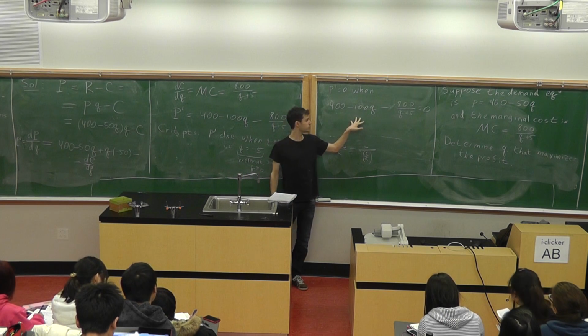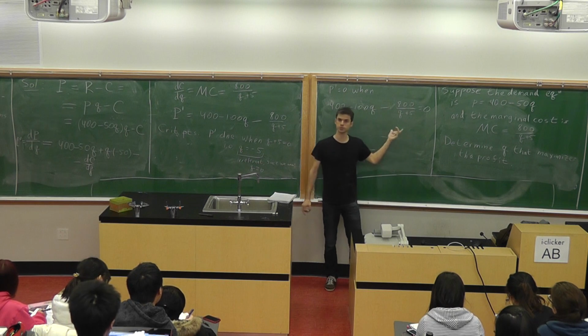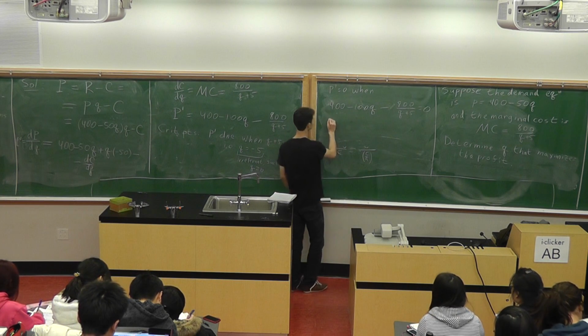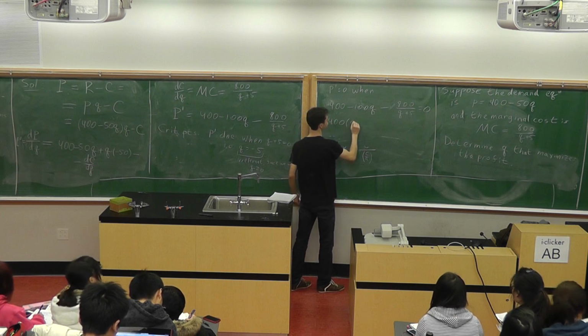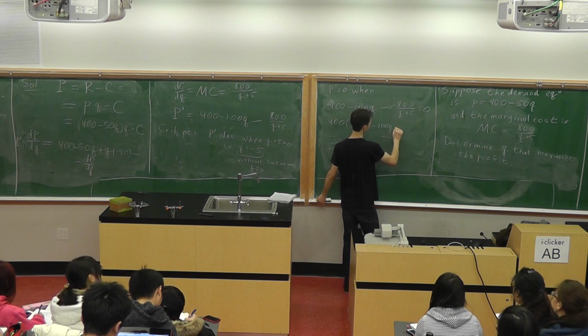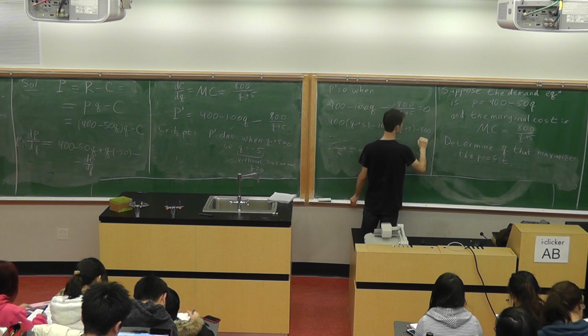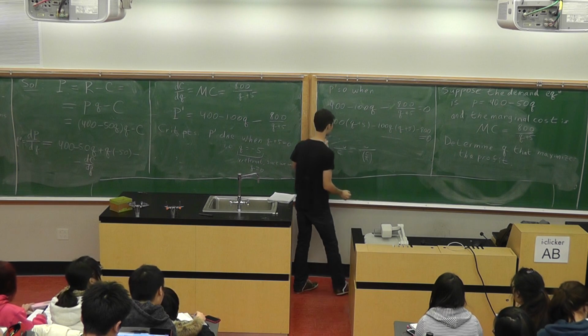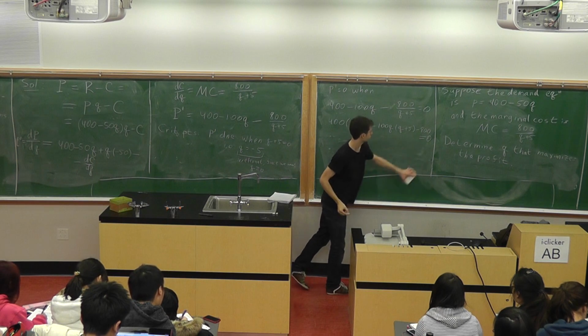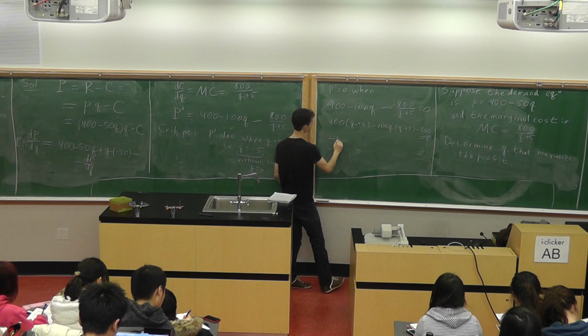We should try to solve this. And let's multiply by this Q plus 5 to get rid of the denominator. So it will be 400 times (Q plus 5) minus 100Q times (Q plus 5) minus 800. And all this is equal to 0. Let's open the brackets.